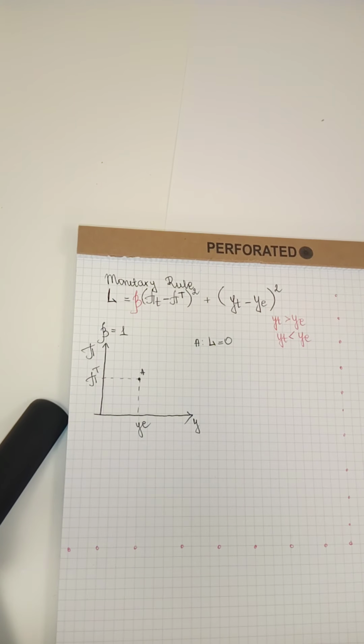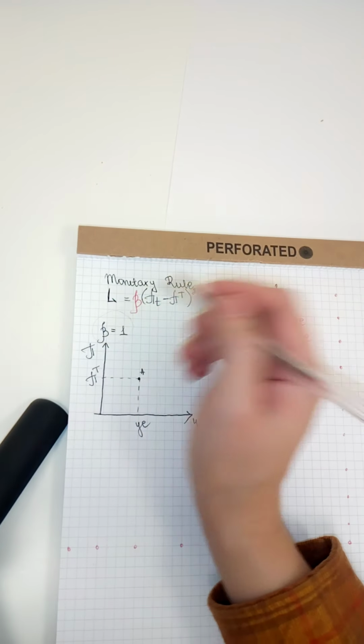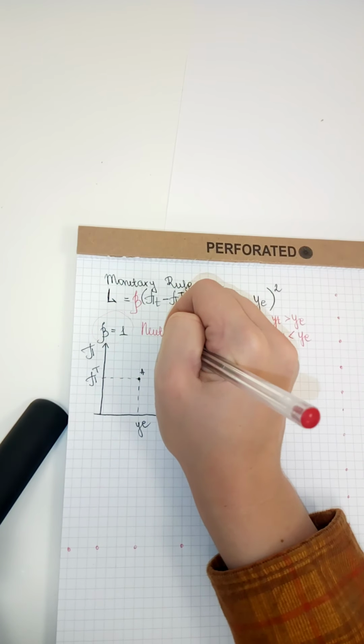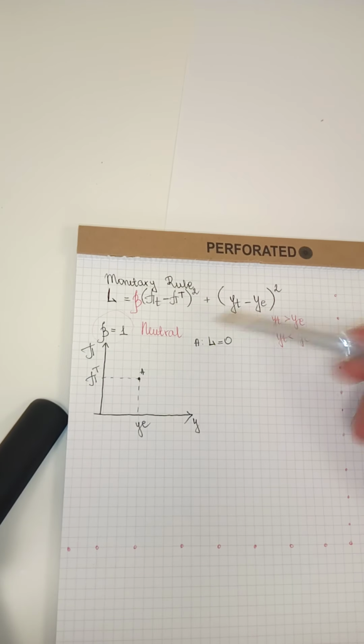Because there is no deviation in terms of inflation and no deviation in terms of output or employment. So the fact that beta is equal to 1 means that the central bank is neutral between those two objectives.